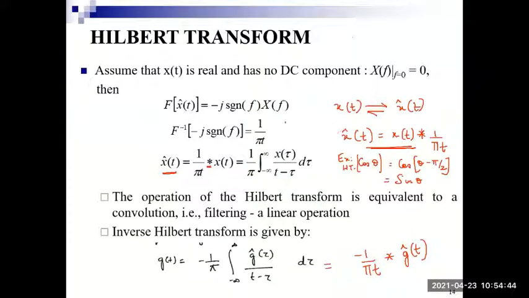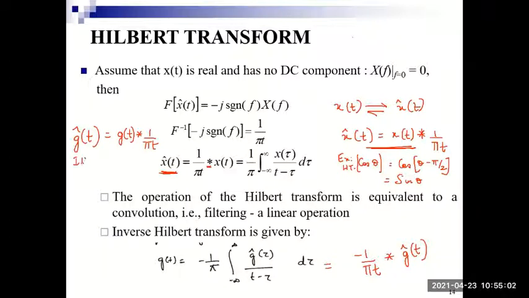Getting the Hilbert transform, let me take it in terms of g, will be g of t convolved with 1 by pi t. This is how we define the Hilbert transform.